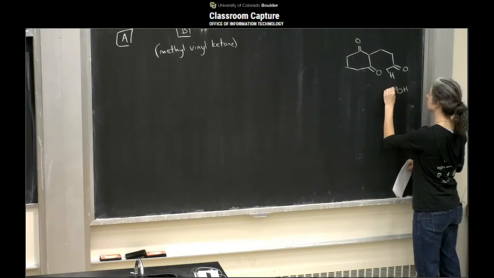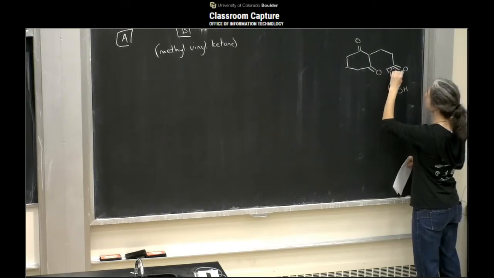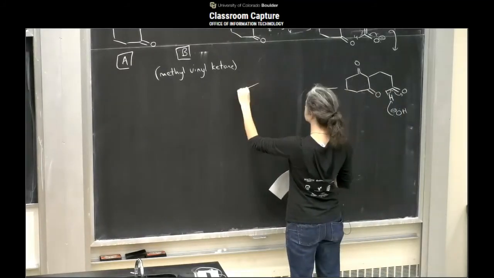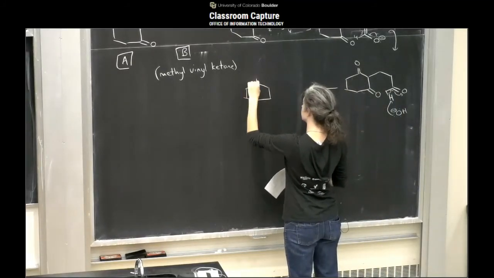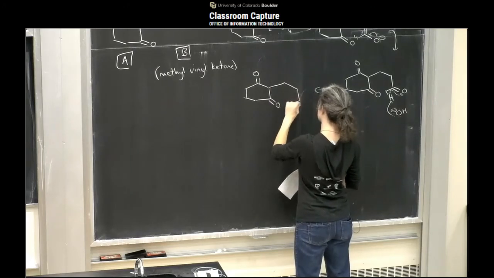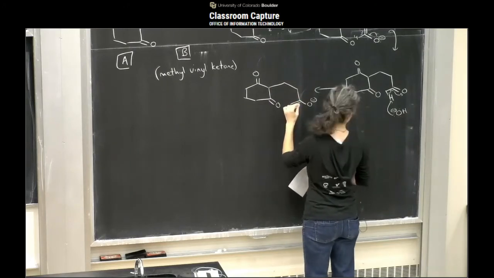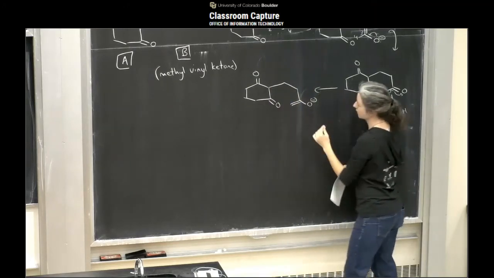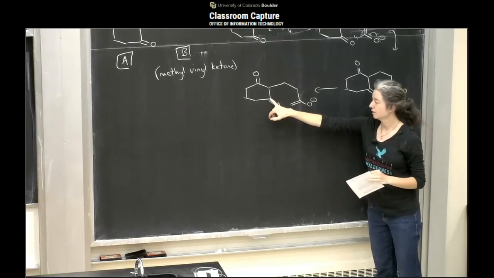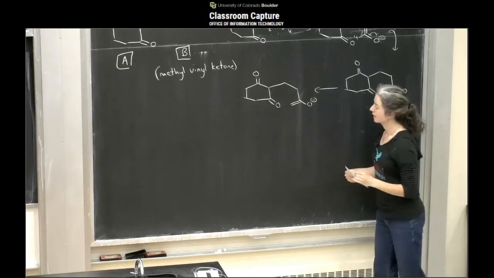So make the enolate out here. And now I can go do an aldol addition onto one of the carbonyls here.